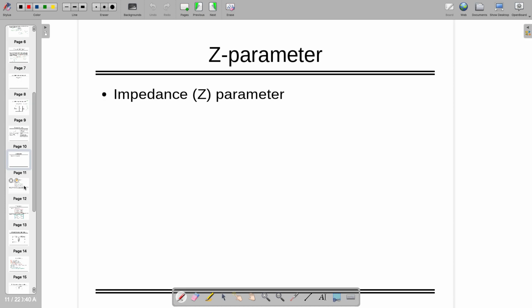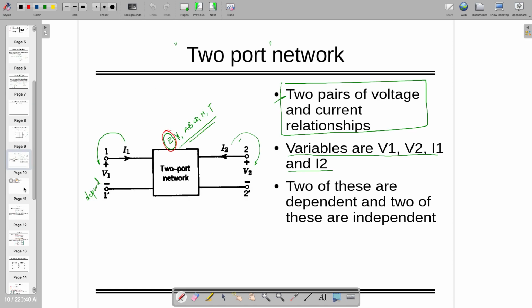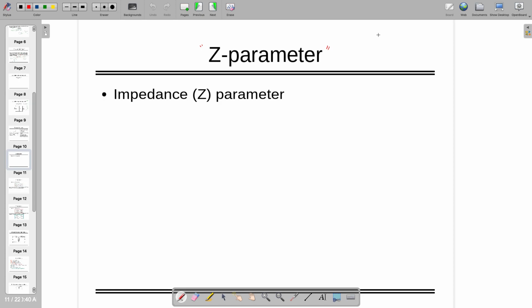Okay, so let's move to the topic where we need to write down the Z parameter. Z parameter is nothing but impedance parameter. The most important part of this course is also that we should understand these parameters Z, Y, and others, and one more will be derived from here, which is known as S parameter.